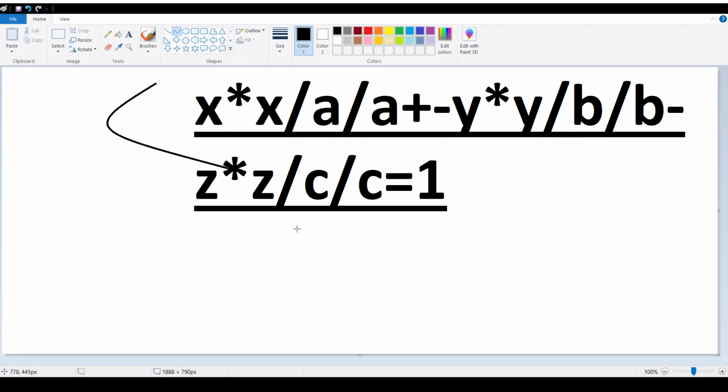Now, that's for a 2D hyperboloid. I have confirmed with Wikipedia that it is correct. That's what I wrote.